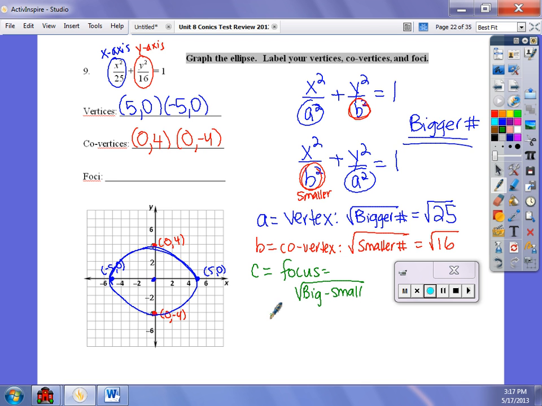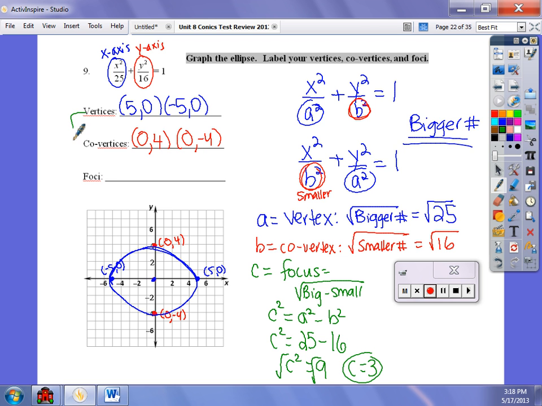It all stems from the formula c squared equals a squared minus b squared. So a squared we already know is 25. B squared we already know is 16. So c squared equals 9. But in order to graph my focus, I need to know what c is. C is equal to the square root, so c is equal to 3. So my focus is 3.